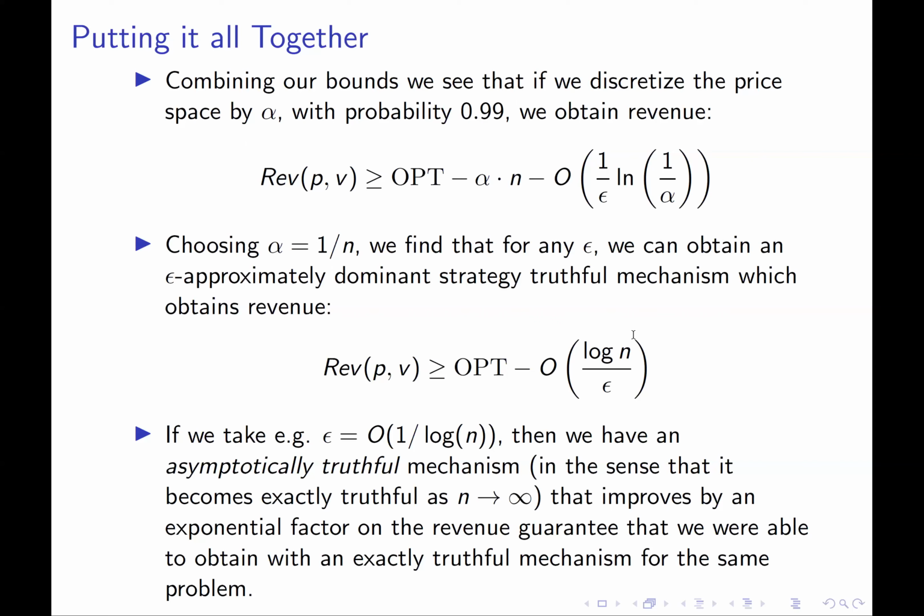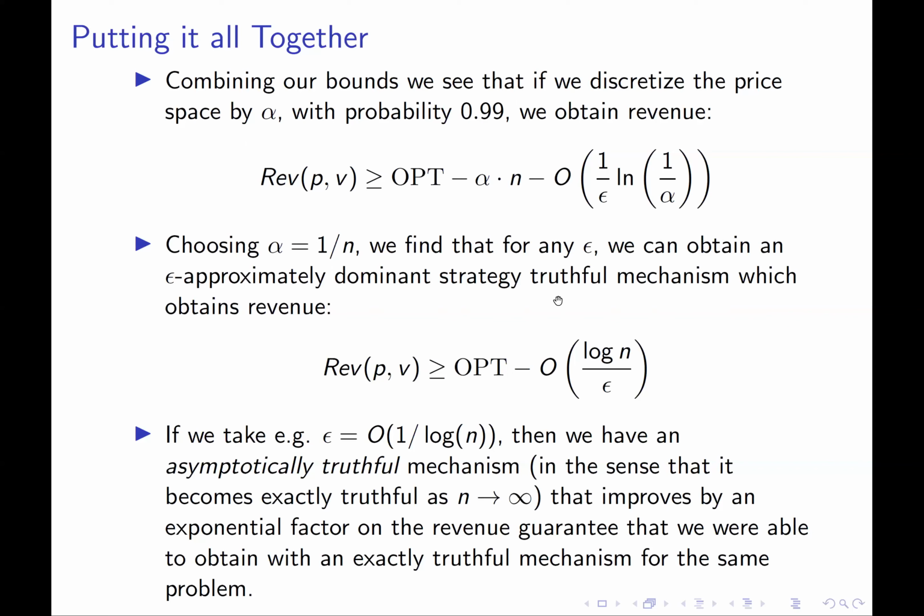So we're still getting this exponential improvement over the best thing we were able to do with techniques that give us exact truthfulness. And this is actually a real improvement. It's not known with techniques that give exact dominant strategy truthfulness how to get a revenue guarantee that's as good as this.